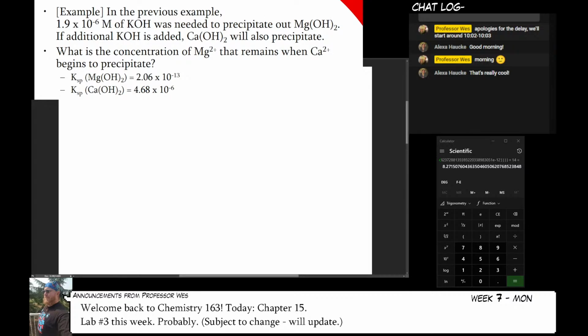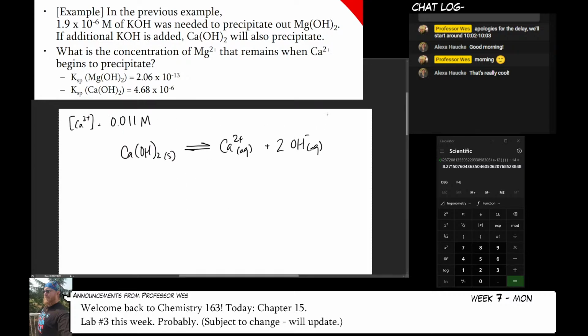There it is. 0.011 was our concentration of calcium. And I know that if I have calcium hydroxide, then its solubility expression would be calcium ion and hydroxide ion.